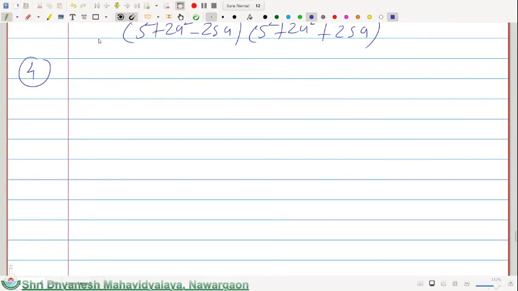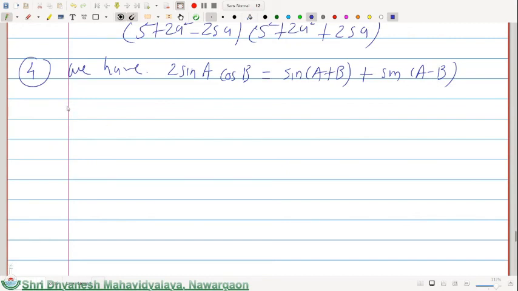What we are going to use there, we have 2 sin a cos b equals to sin a plus b plus sin a minus b. Okay, so replace a by 4t and b by 2t.